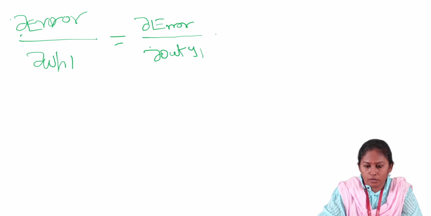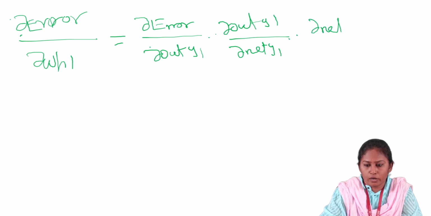Out y1, then do out y1 with respect to do net y1, then do net y1 with respect to do WH1. So this is how we are going to calculate, right?